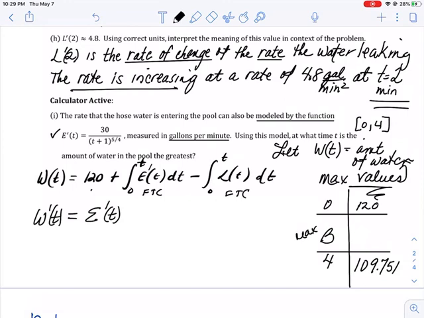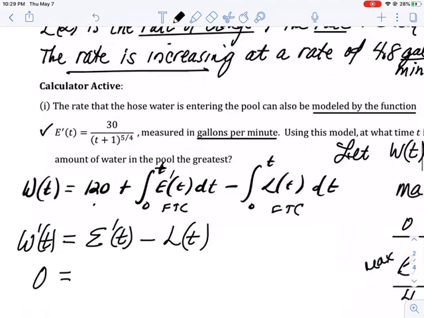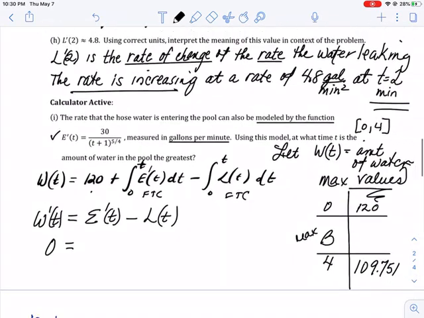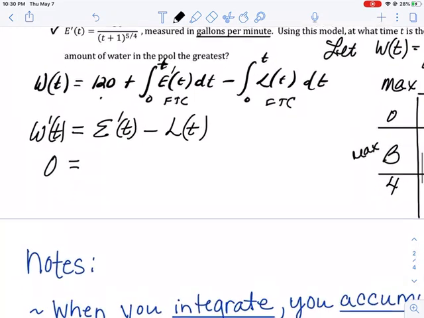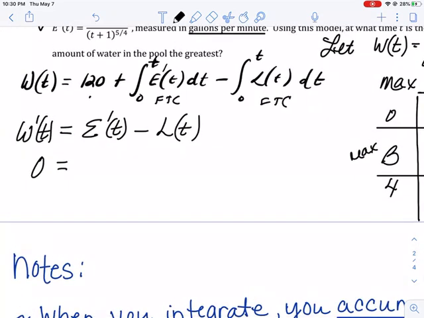We want to know where that is equal to 0, because we're not concerned about it being undefined, since t would have to be negative for E of t. And the same thing is true with L of t. That's not going to be a problem either, because that's the square root of t squared plus 9 on the bottom.